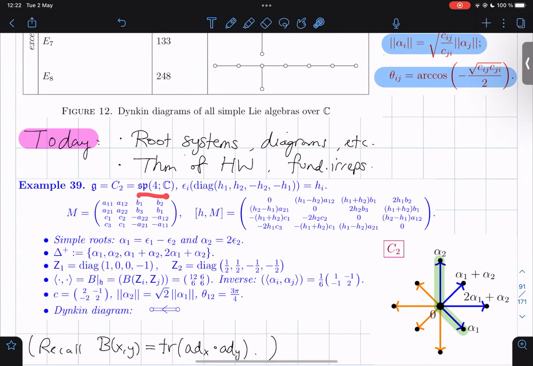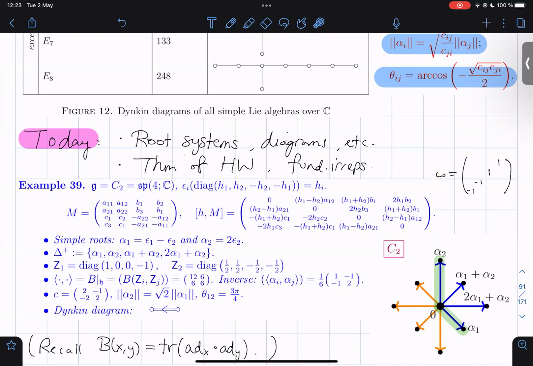Okay, so Sp4C is the Lie algebra which infinitesimally preserves a symplectic bilinear form. So a skew-symmetric form that I'll take to be of this form, a 4x4 matrix, skew-symmetric with those entries like that.